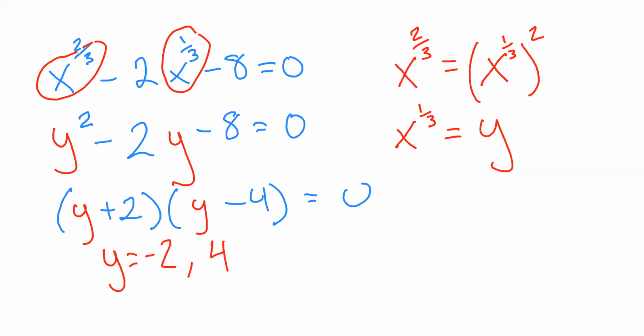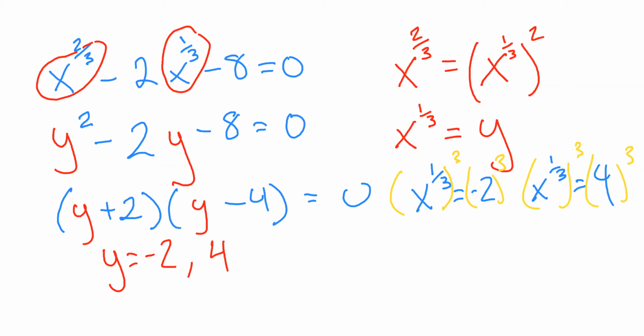Don't forget, go back and substitute in. So that means x to the 1/3 equals -2 and x to the 1/3 equals 4. If we want to figure out what x is, we have to raise these to the 3rd power. So we are going to get that x is -8, because that's what -2 to the 3rd power is. And that x is 4 to the 3rd power, I believe is 64.